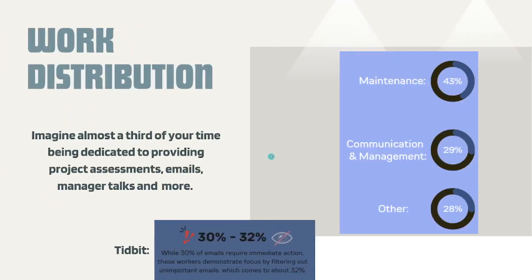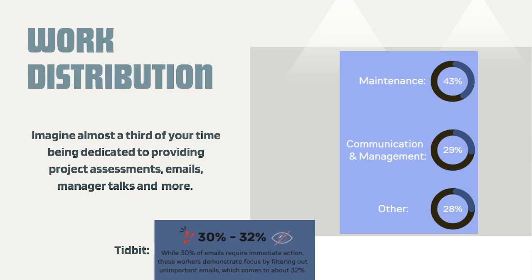Hope you like it. Work distribution. This is kind of severe because this is almost a third of your time. I know it says it right here, but I'm gonna say it again. This is almost a third of your time. You can see this is the work distribution of a working technological professional. And 29% is a lot. And of that almost third of your time, 30% of emails noted by CloudHQ require immediate action.